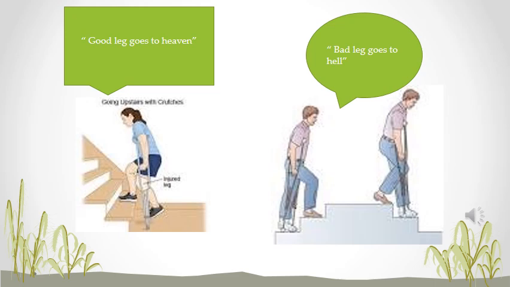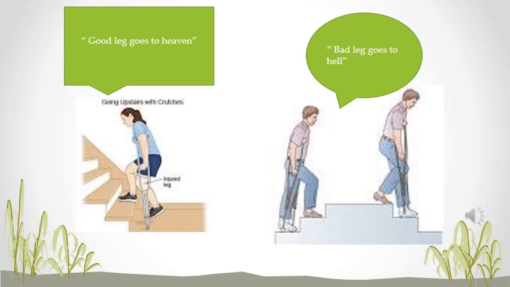Then the next leg, and thereafter the crutches move onto the step. Often you will find that the affected leg and the crutch move very closely together, and you can't actually say good leg, bad leg, and crutch.